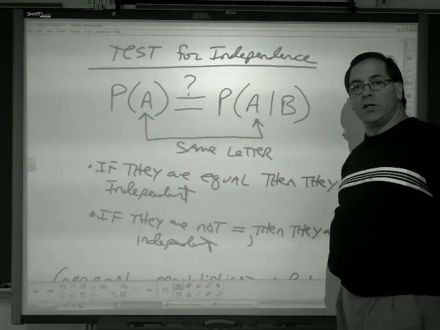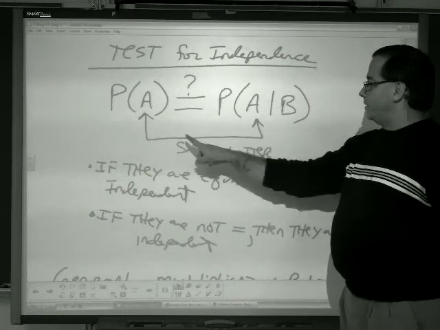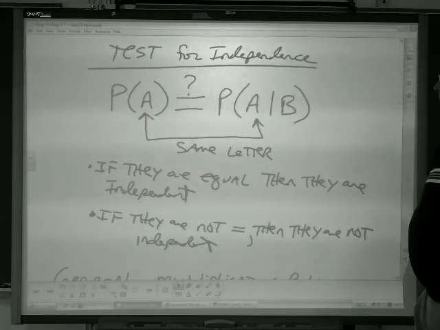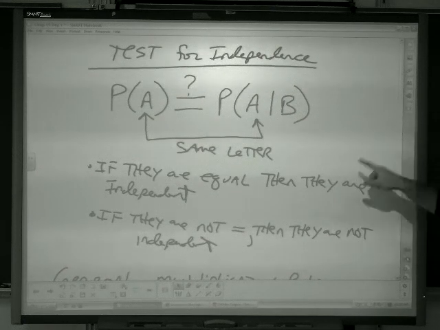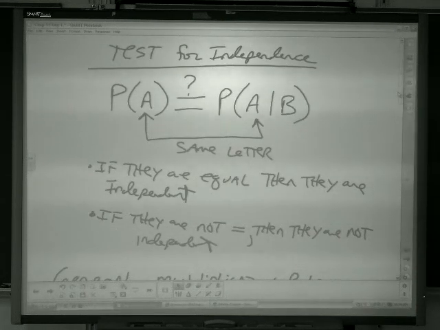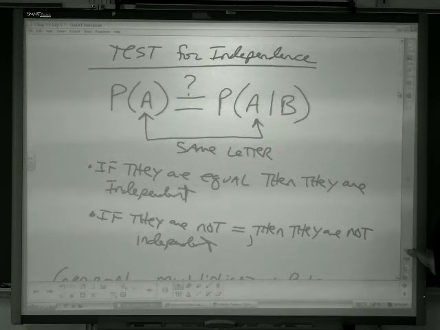And we did that earlier in the year, and we're coming back to that again. Notice this letter and this letter has to be the same, given this other thing happened. And if they're equal, then they're independent. Same thing we did before. If they're not equal, then they're not independent. So let's go back to our previous problem.